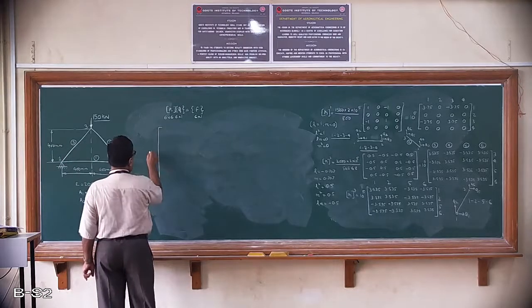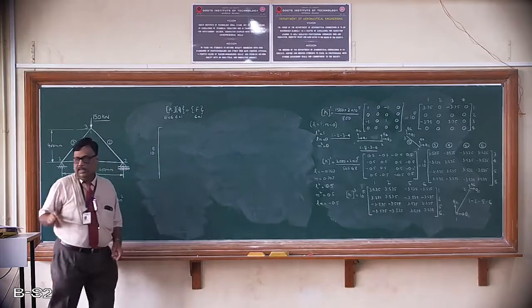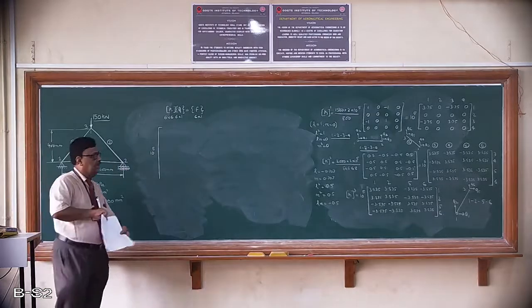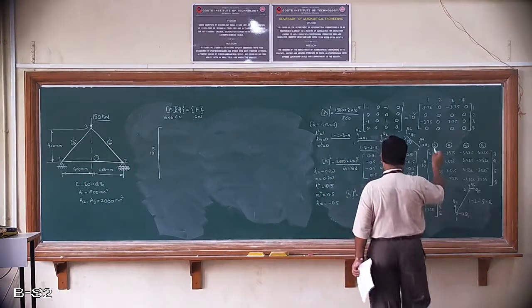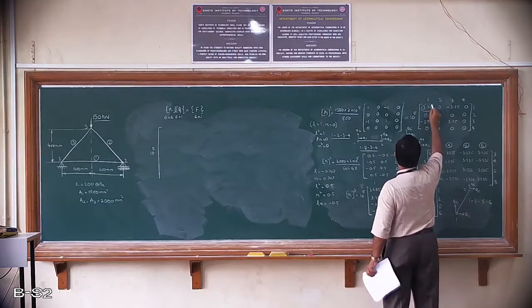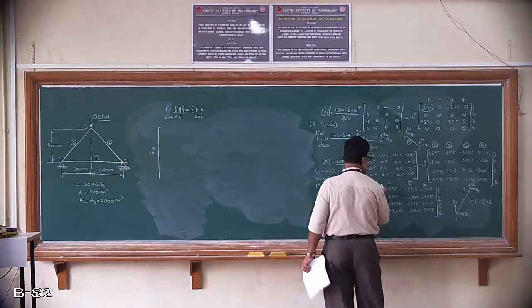So let me write 10 raised to 5. Let us take K11, K12, K13, like that. Looking at this, there is 3.75, which is already there here, and 1, 1, and one more 1, 1 here.